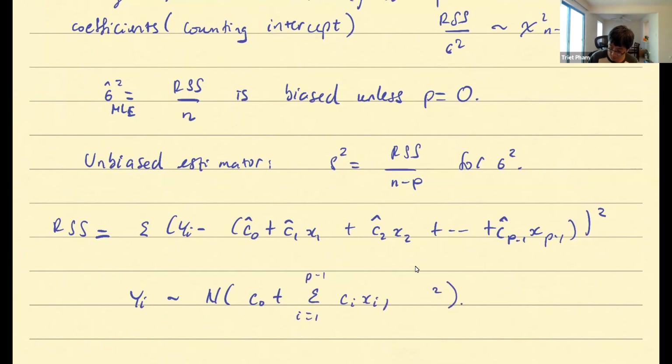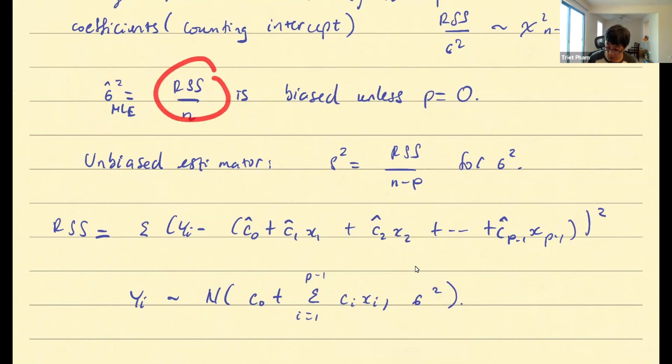That's the model. So the question is, how do you estimate C0, C1 to Cp minus 1? And then you have to estimate sigma square. So the purpose of the residual sum of squares is exactly the term you use to estimate sigma square.